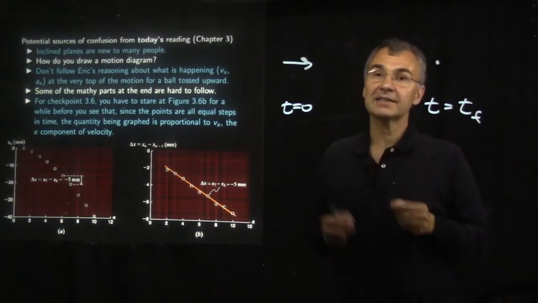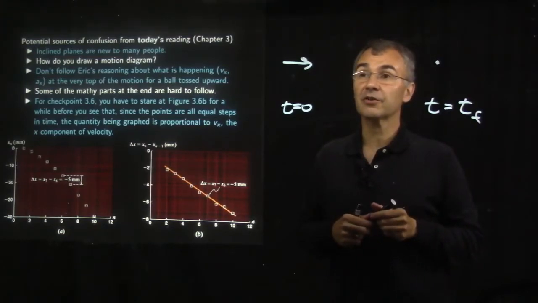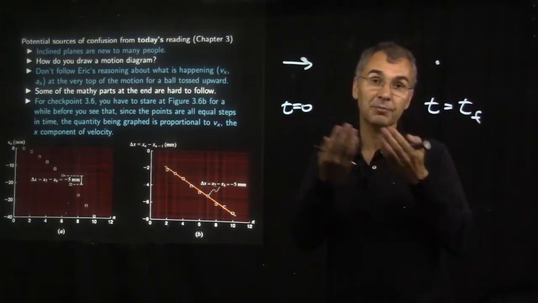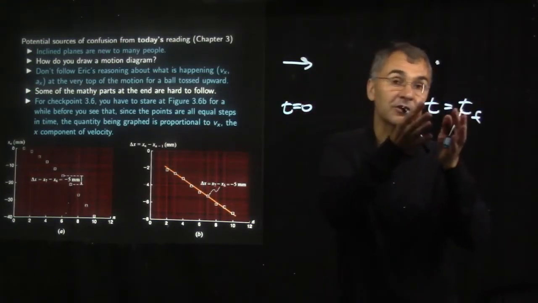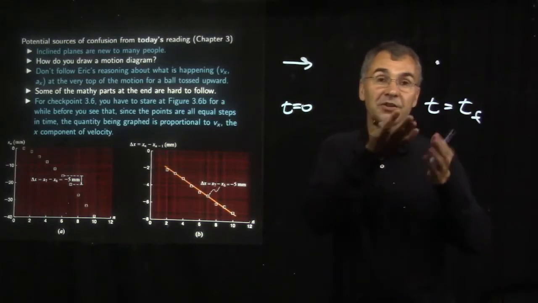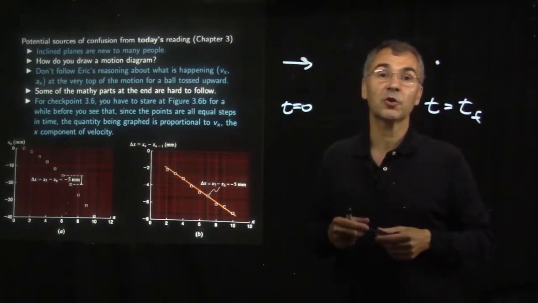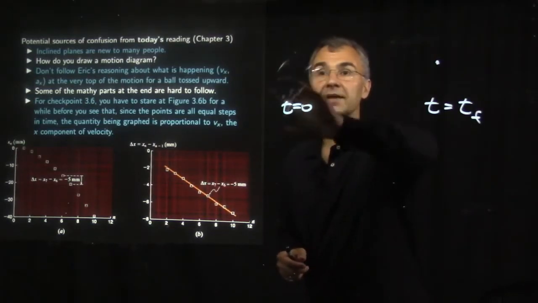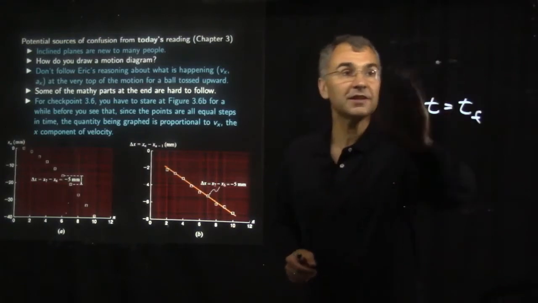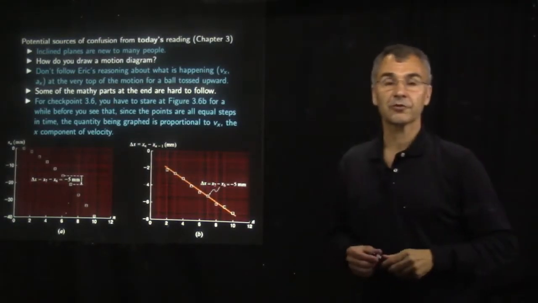I actually don't use motion diagrams, so I don't really have a great sense of how to draw them, but it's kind of a pictorial representation of where things are before and after, and which direction they're moving in before and after. So you sum up what you know about the motion in a diagram. But I actually have not really found motion diagrams to be all that useful.